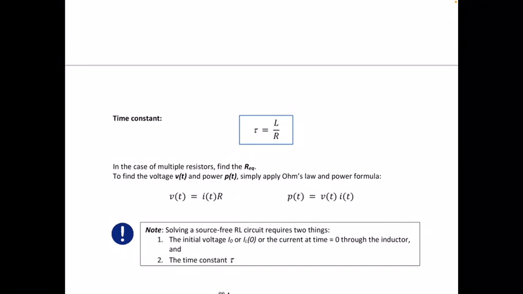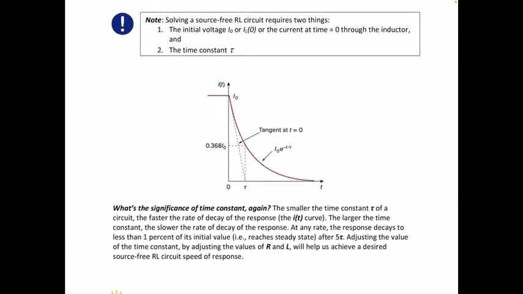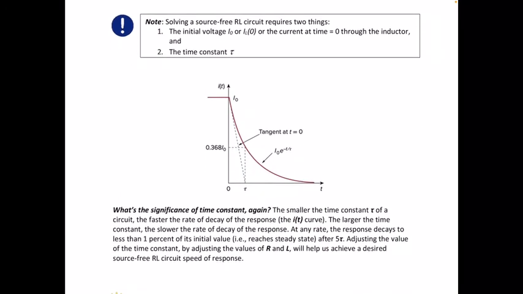So the same with source-free RC circuits, in order to solve for a source-free RL circuit requires two things. First is the initial voltage or the current at the starting time through the inductor, and of course the time constant. So again, the significance of the time constant is that the smaller the value of the time constant of a circuit, the faster the rate of decay of the response will become, or the I of t curve, as you can see in this graph.